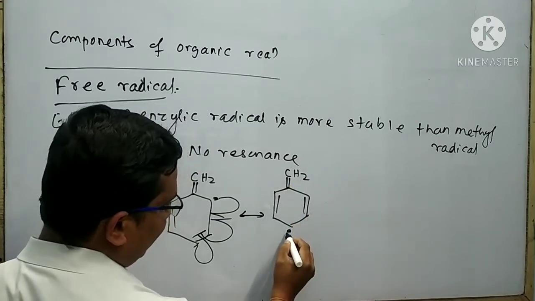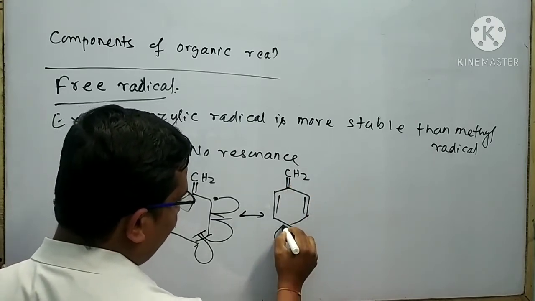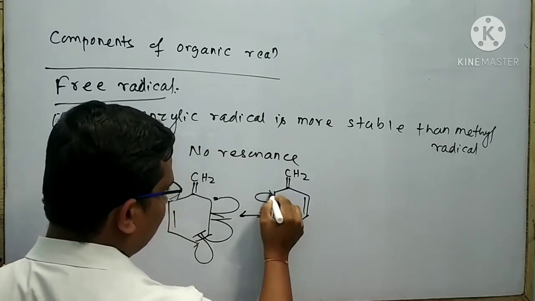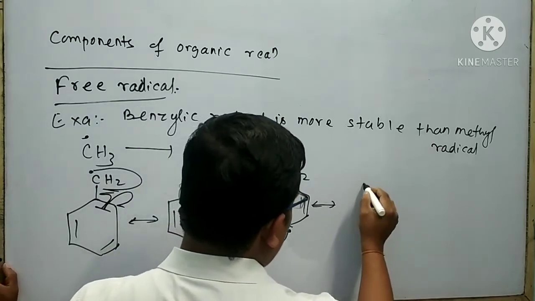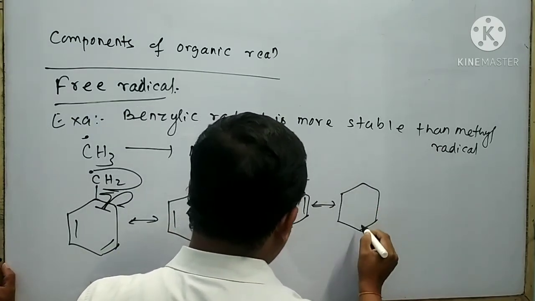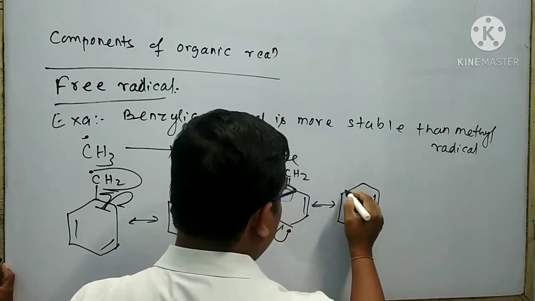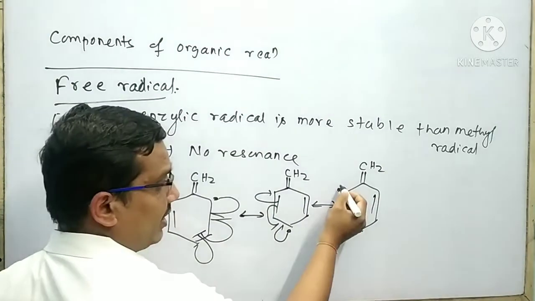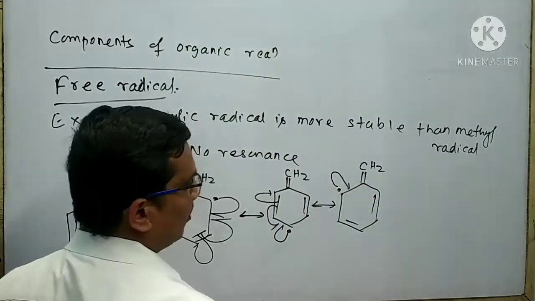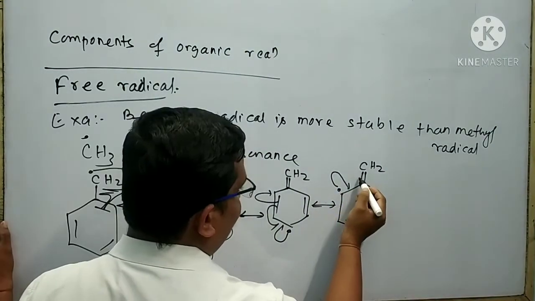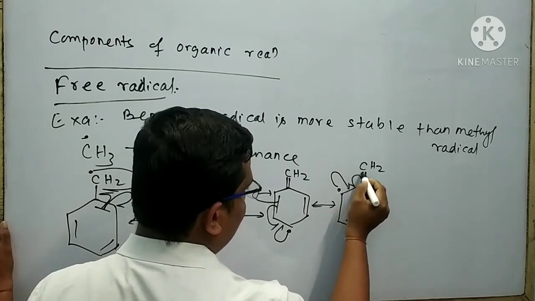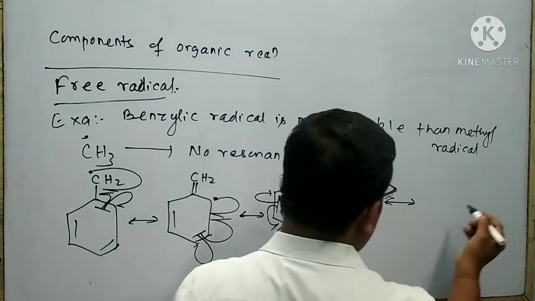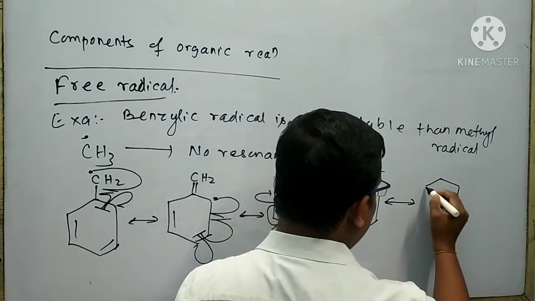Again this free radical helps in the formation of a double bond. Here I can draw like this. The next structure can be drawn like this. Now this free radical helps in the formation of a double bond here. I can draw like this. Finally, I can draw the last resonance structure of benzyl radical like this.